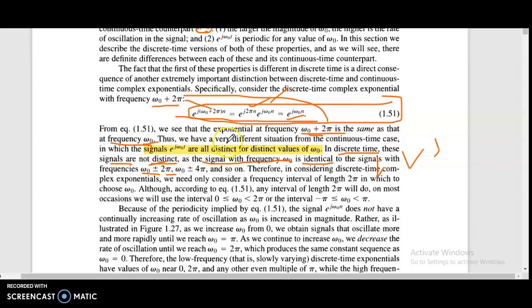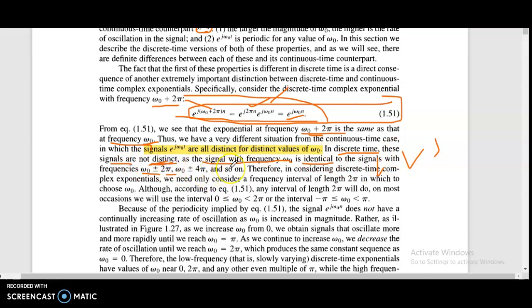Thus we have a very different situation from the continuous-time case, in which the signals e power j omega naught t are distinct for distinct values of omega naught. In discrete time, it is not like that. These signals are not distinct.